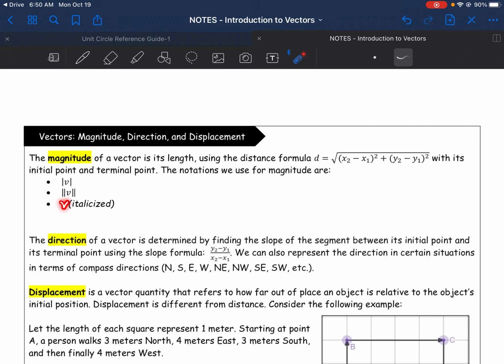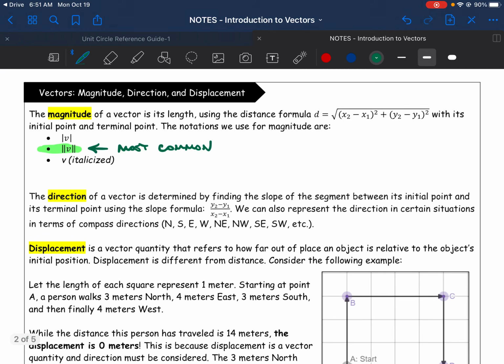Or if we just simply have that lowercase letter italicized, that could also represent the magnitude. Now, most of the time, we're going to go with this option right here because it's the most unique, easiest to tell. So this one right here is going to be the most common with what looks like double absolute value brackets. Okay, so this is what we'll use the vast majority of the time. Just be aware of your other notations here.